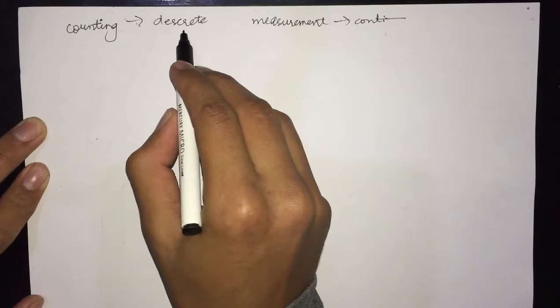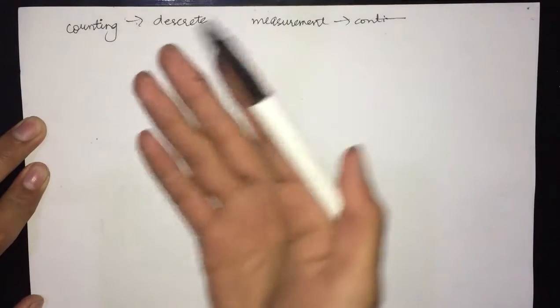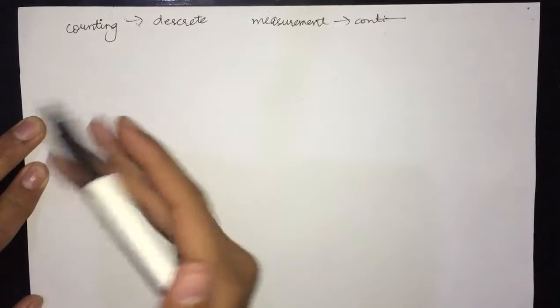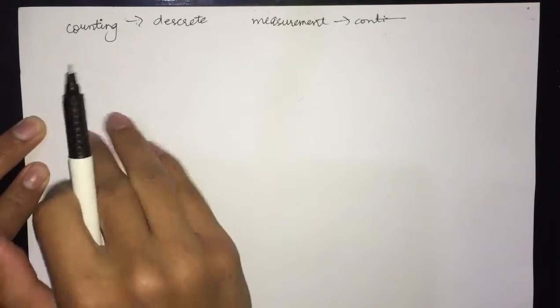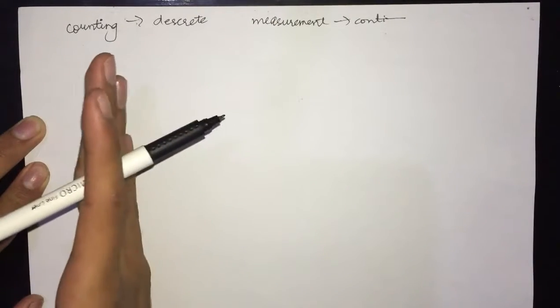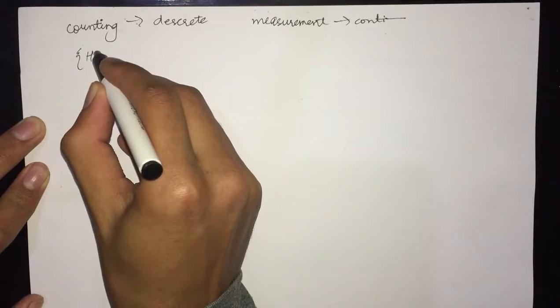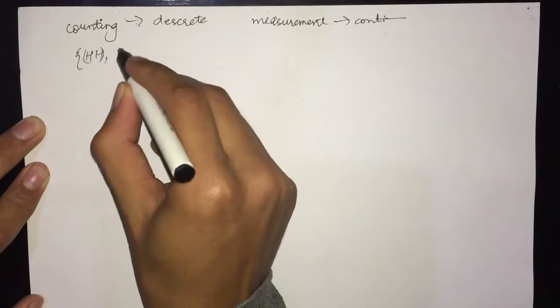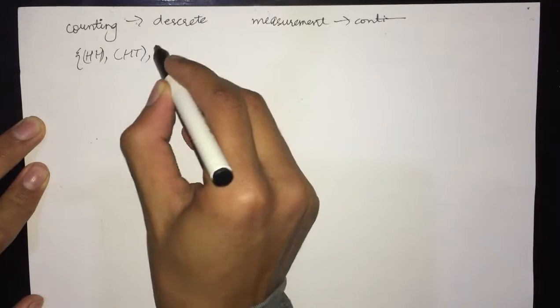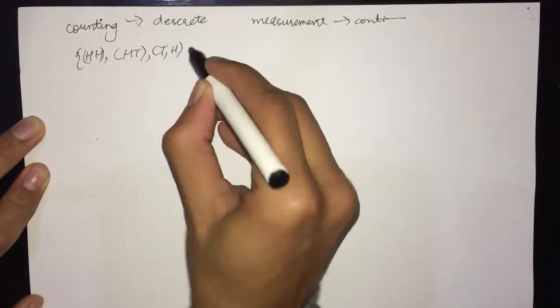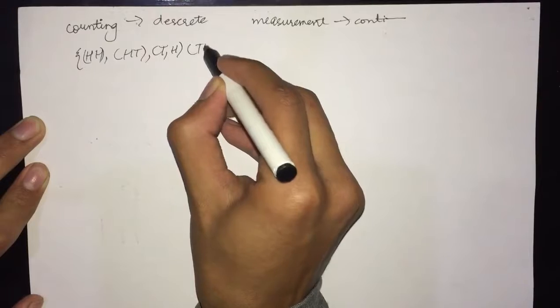Now, in discrete variables, you can actually list the sample points and pick exactly one, since there are distinct sample points in a discrete random variable.